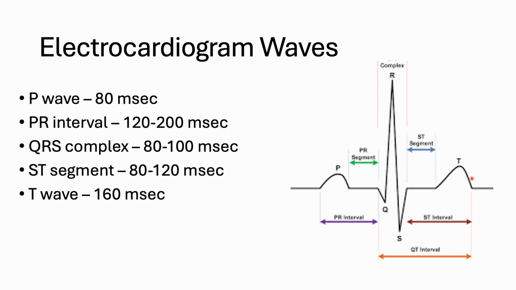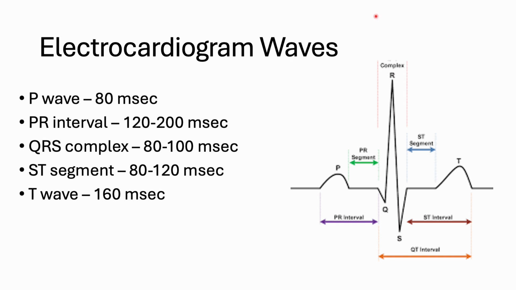Then we have this one right here, that's the T wave. And a lot of times it's bigger than the P wave. The T wave generally lasts about 160 milliseconds. The time between the S repolarization and the T wave is called the ST segment.